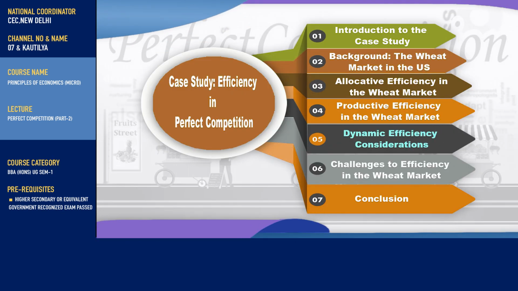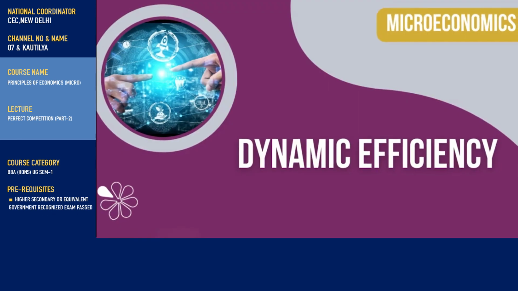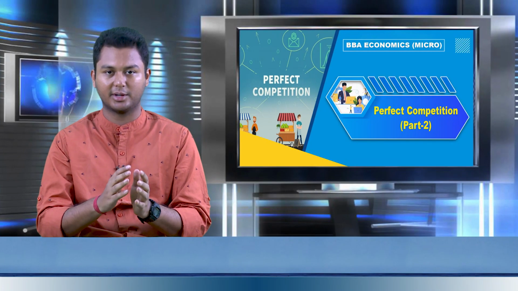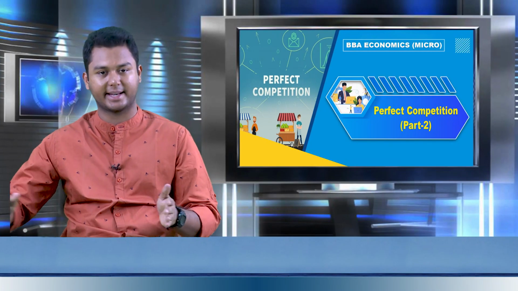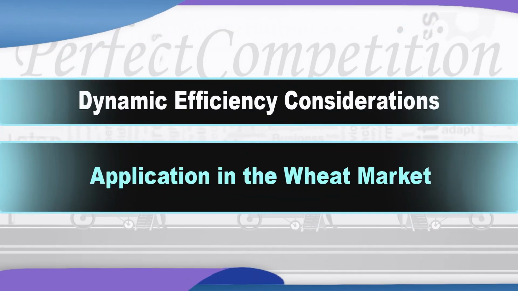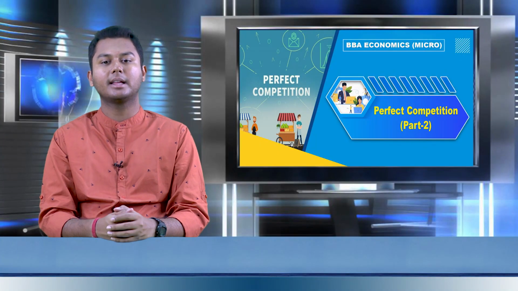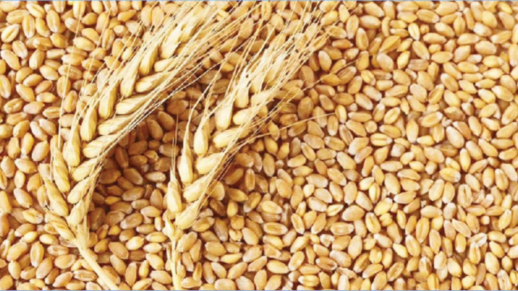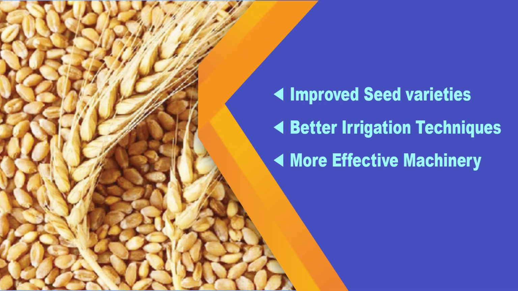Now, if we move to the dynamic efficiency point, dynamic efficiency refers to the ability of an industry or a firm to innovate or improve over time. If we apply this to the wheat market, it has seen significant technological advancements such as improved seed varieties, better irrigation techniques and more effective machinery.